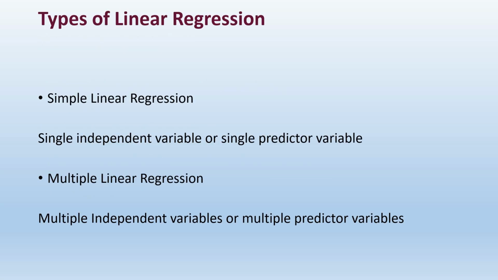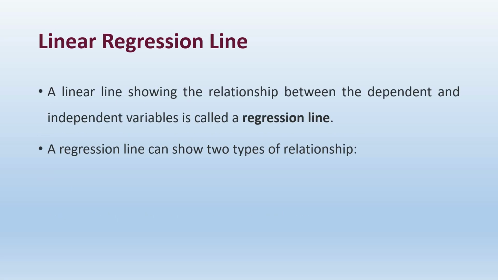What are the types of linear regression? There are two types. Simple linear regression, where a single independent variable or single predictor variable will be there, and multiple linear regression, where multiple independent variables or multiple predictor variables will be there. And a linear line showing the relationship between the dependent and independent variables is normally called the regression line.